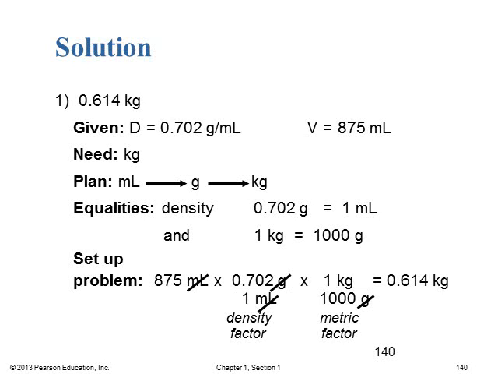Then we have 1 kilogram over 1,000 grams, so our grams cancel out, and we're left with kilograms: 0.614 kilograms. 875 has 3 significant figures, and 0.702 has 3 significant figures, so that's the least number of significant figures, and we can report 3 significant figures in our final answer.